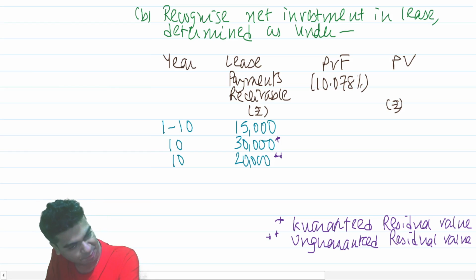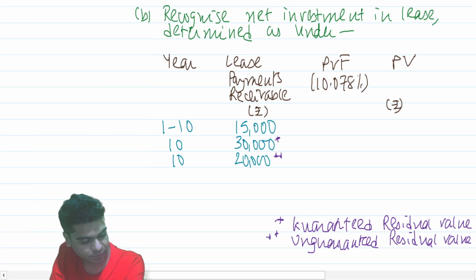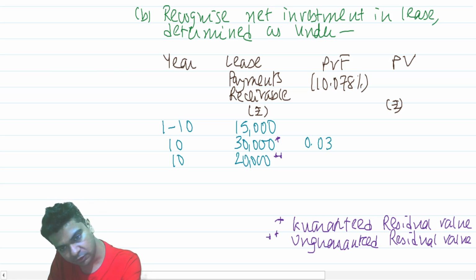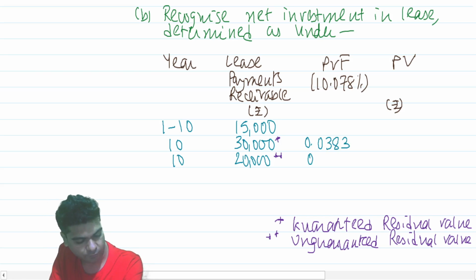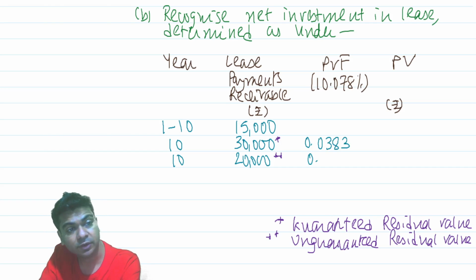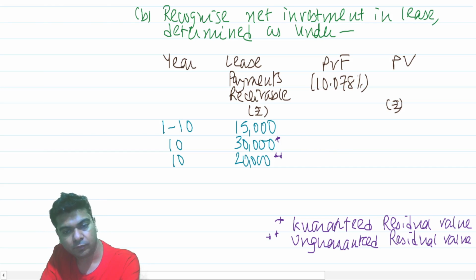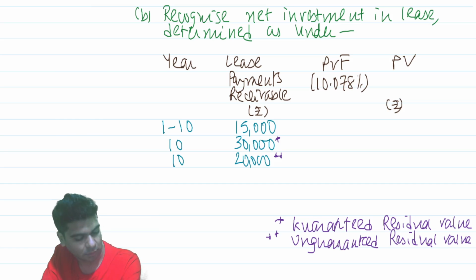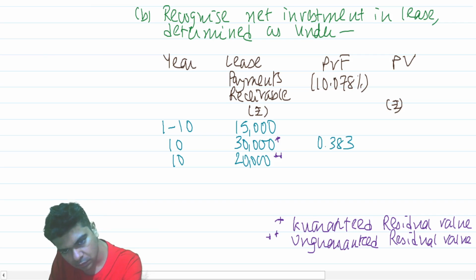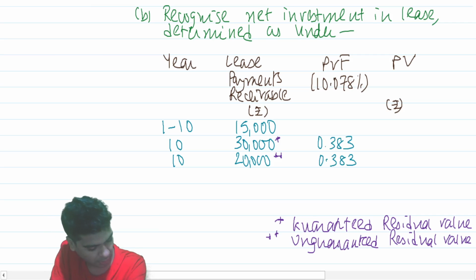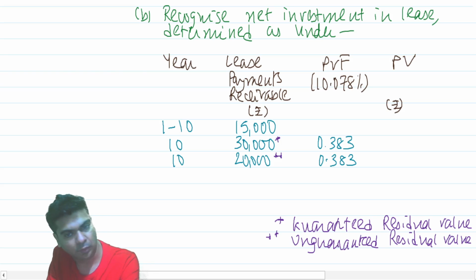So the 10th year present value factor is 0.383, and the cumulative one, 6.124.